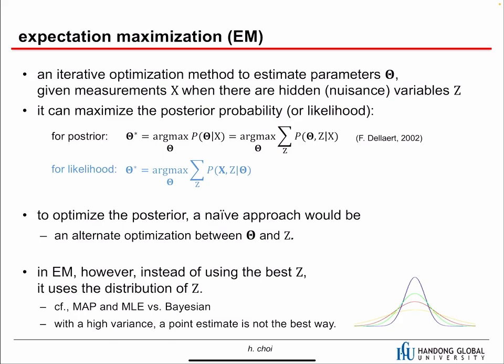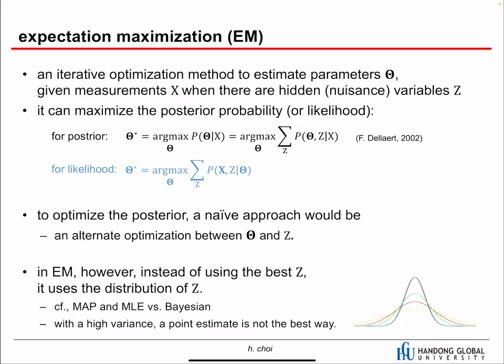So a single Gaussian is easy, but now we have a mixture of Gaussians. Learning a mixture of Gaussians is a little harder than the simple case, because in the mixture of Gaussians, we don't know which component one sample belongs to. We have no idea about that kind of assignment.